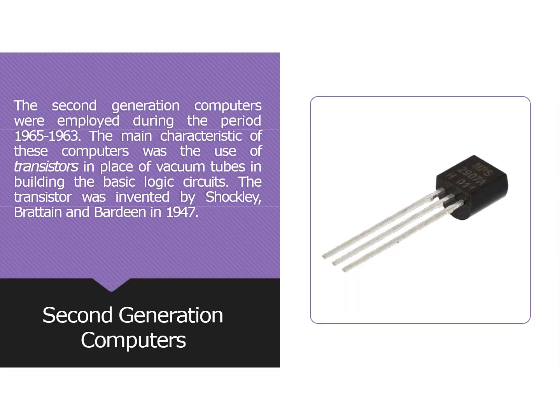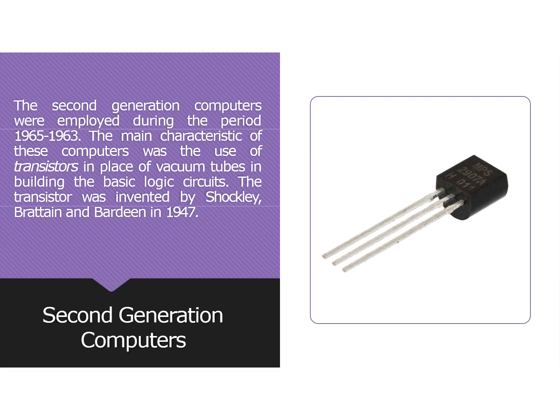Second generation computers used transistors and magnetic core memory in building the basic logic circuits. Second generation computers used assembly level programming language. Examples of second generation computers were IBM 1401 and IBM 7090.